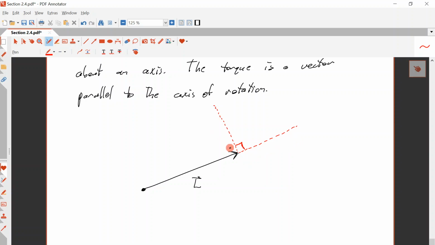If I have a force vector perpendicular to the lever vector, that's giving me good rotation. Anyone who's ever used a wrench before knows you push perpendicular with your hand, if you can get your hands in the right position. You don't pull on the wrench, you push on it.